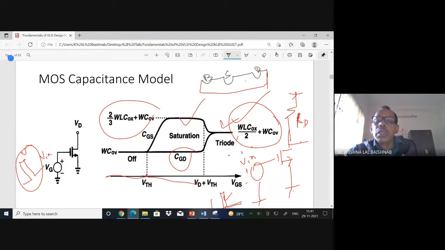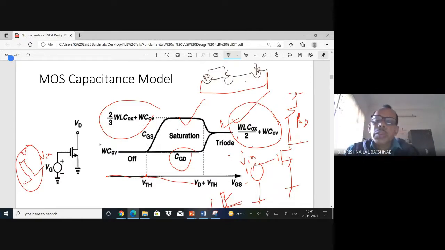I'll short these two, this and this, so there are two potentials, plus and minus, and that becomes a MOS capacitance.